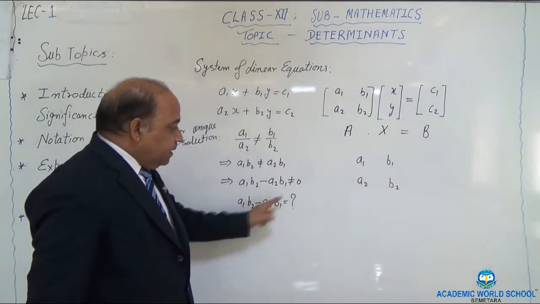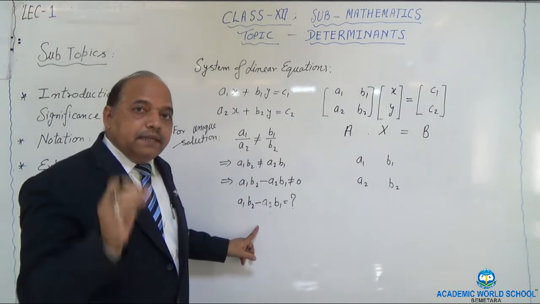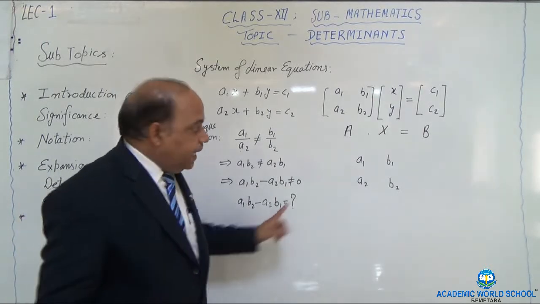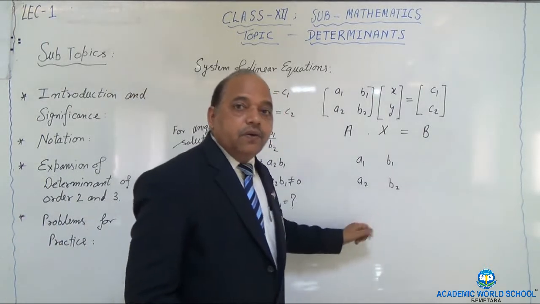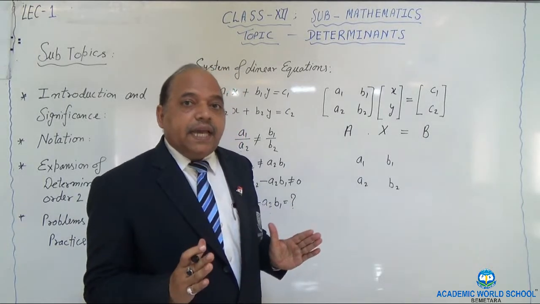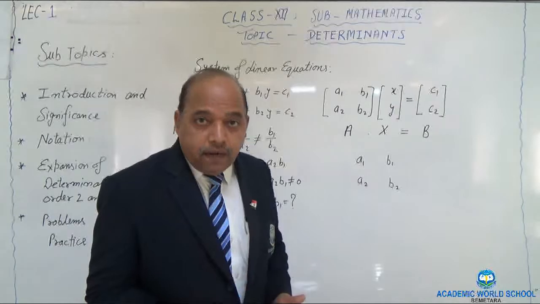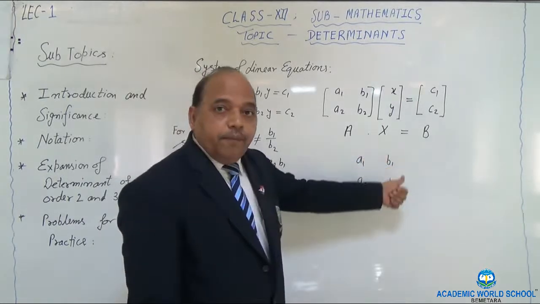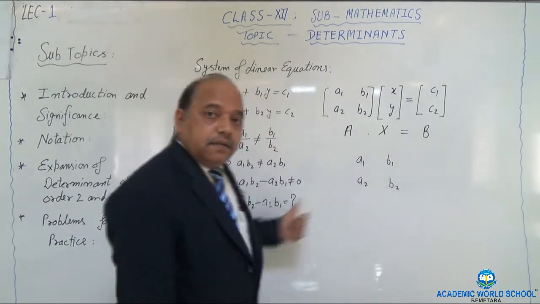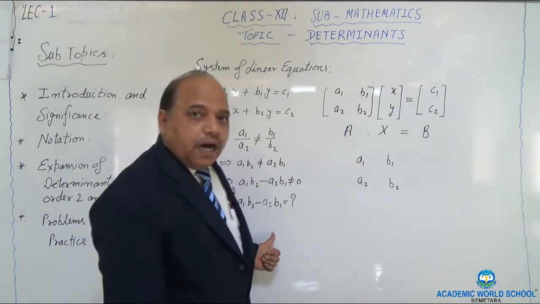Now please see that this is representing a non-zero value. It means for this arrangement, if somehow we can use a new notation, a new symbol, then from here we can get the same expression. How?